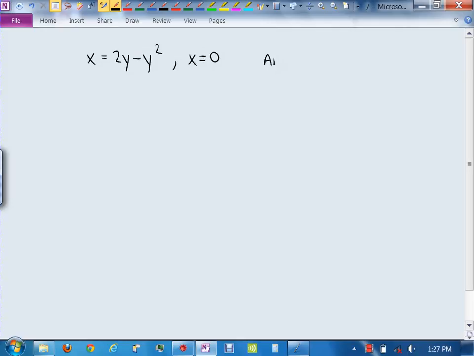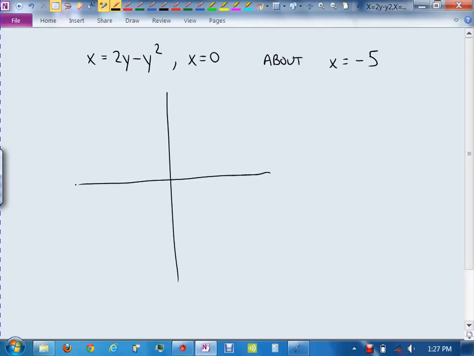We want to rotate it about the line x equals -5. Why don't you see if you can come up with it? Let's see if y'all can convince yourselves of what the formula for this would be.